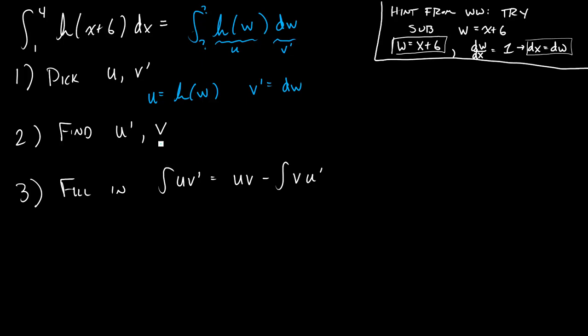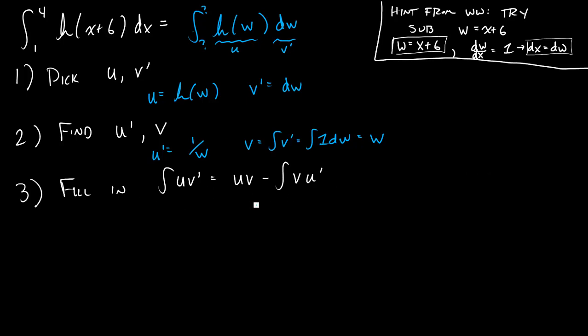So u prime is going to be 1 over w, and v here is going to be the integral of v prime, which is the integral of dw, or you can even think of it as the integral of 1 dw. And that in this case is just going to be w. Remember the derivative of w is just 1, which is what I have here. Okay? So let's fill this into our formula.